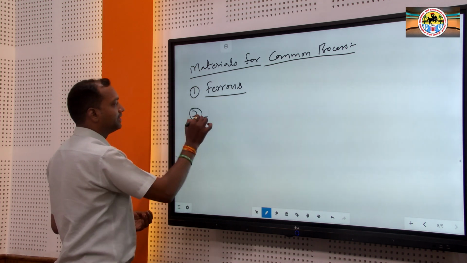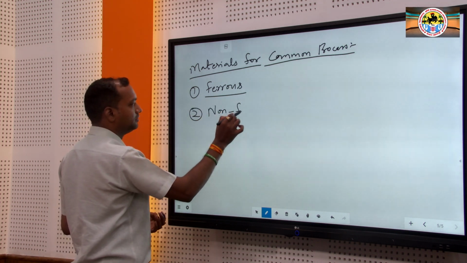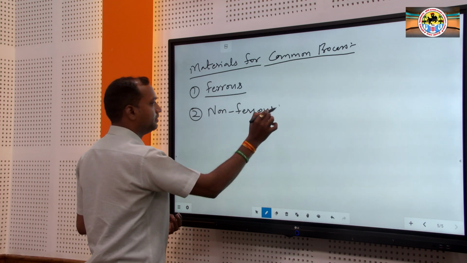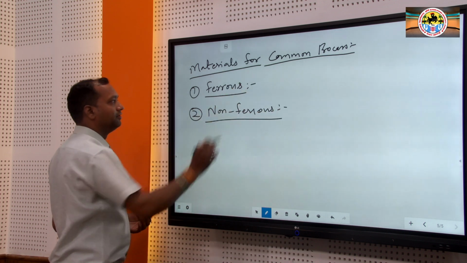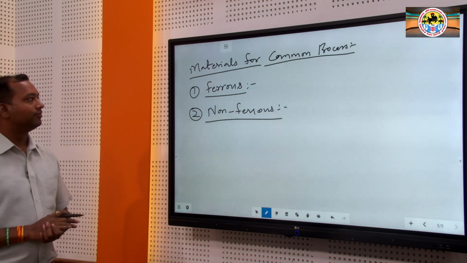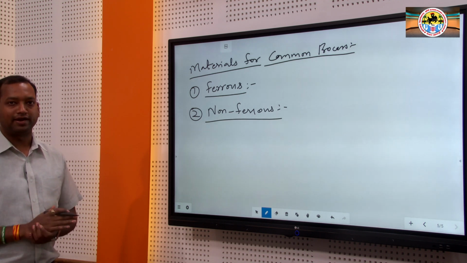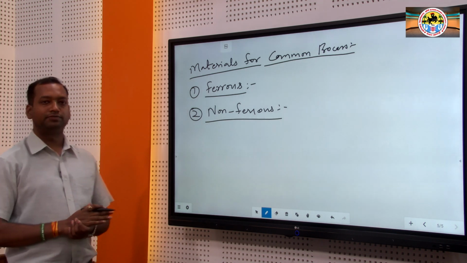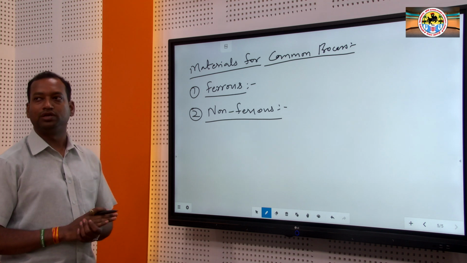Second, besides this we have non-ferrous. We already understand that ferrous is the material having iron as the main content, while non-ferrous is material where iron content is totally absent.